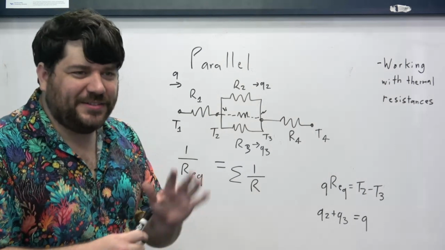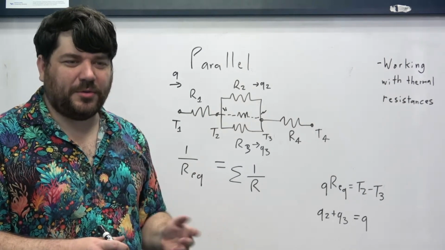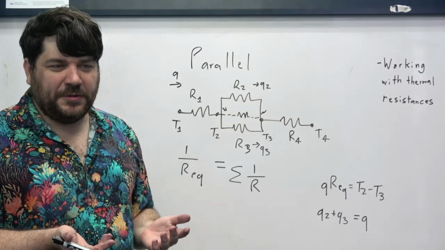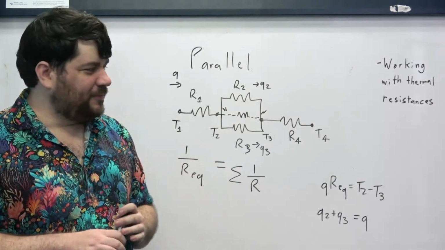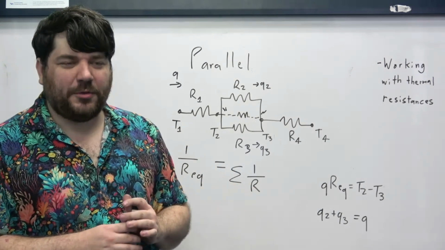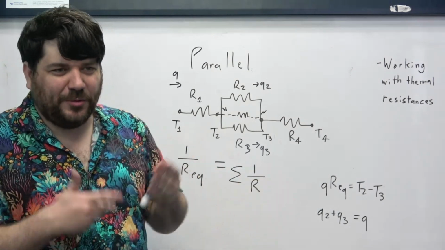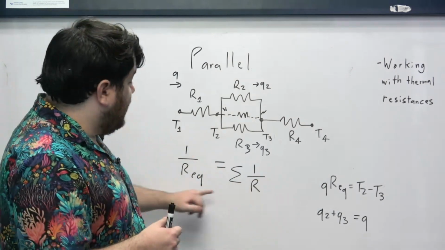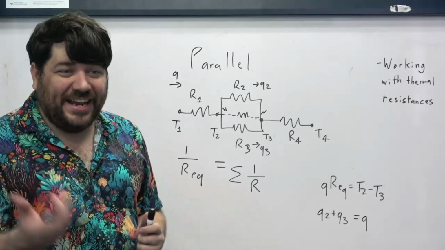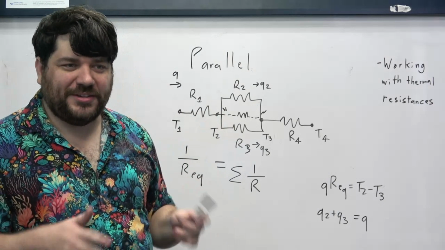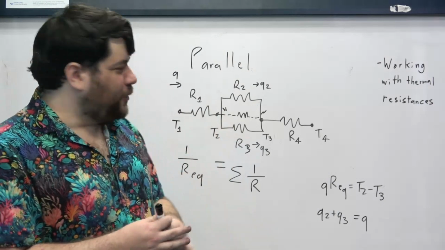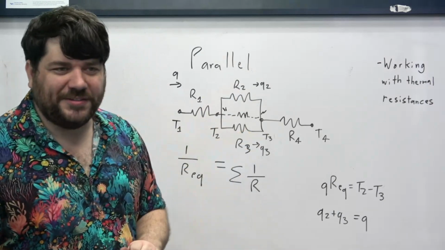All right, so in series thermal resistances, the equivalent thermal resistance was always larger than the individual pieces inside of my thermal circuit because we're adding them all up, right? The thermal resistances get added up. The fact that we're adding inverses here means that the equivalent thermal resistance in parallel circuits is actually smaller than the thermal resistance of the individual components, right?